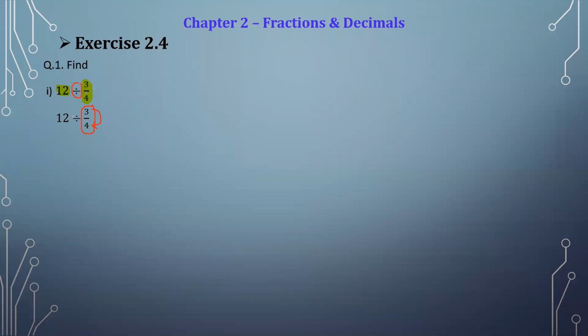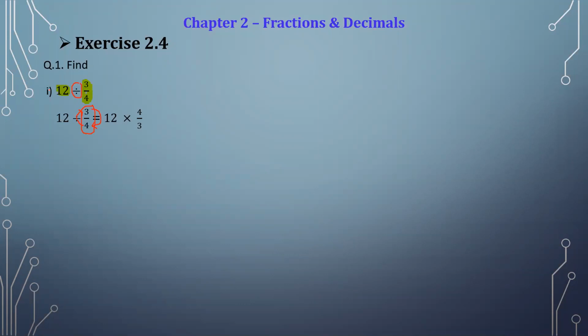And the second step is that I am going to shift the denominator in place of the numerator. Nothing else you have to do; you just change the positions of numerator and denominator, and you are going to get your reciprocal. So here now I am going to find the reciprocal of 3 upon 4, and after taking the reciprocal, the operation is going to reverse.